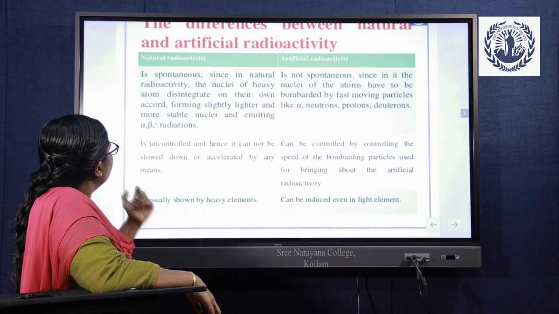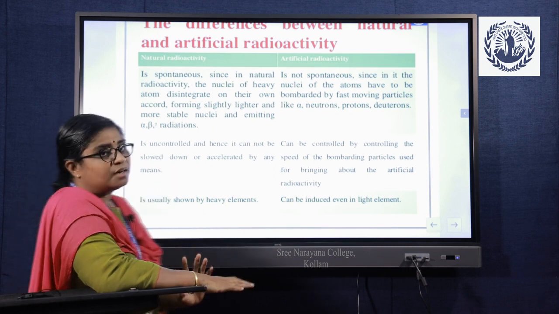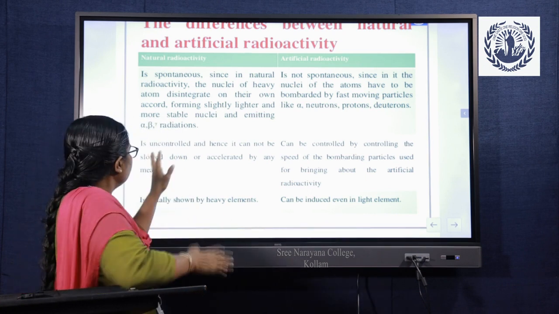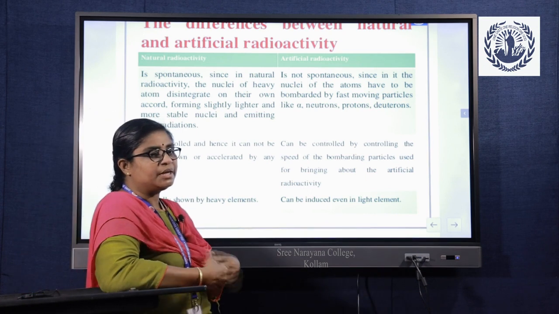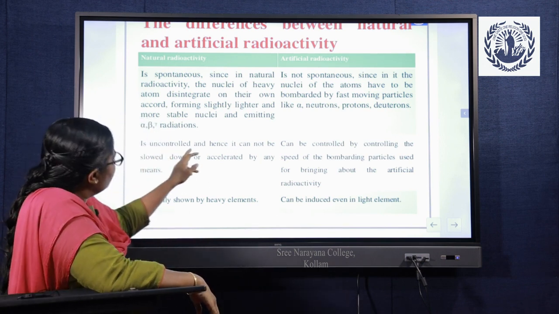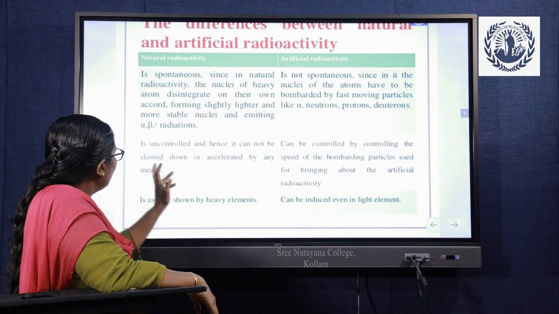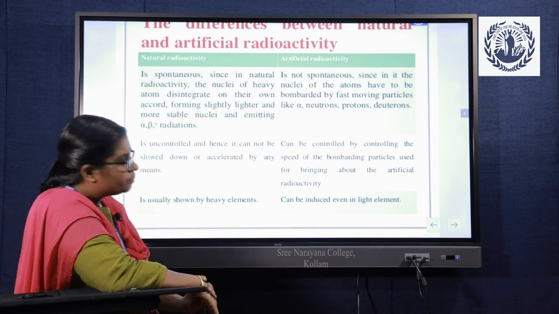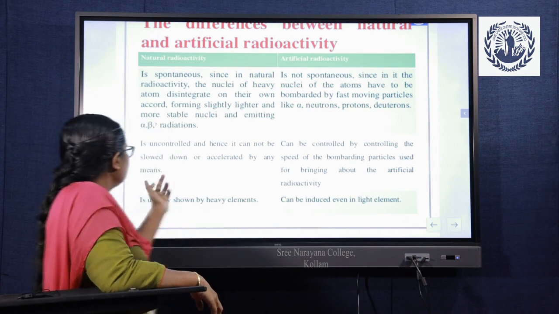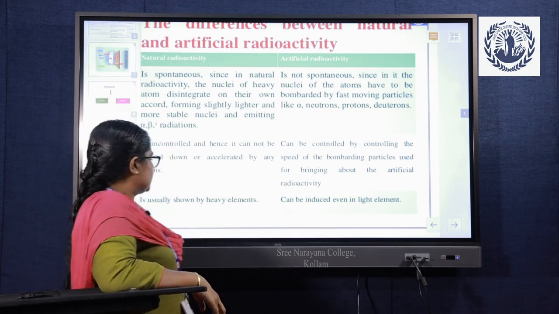This natural radioactivity is uncontrolled. We cannot control it, because we are doing nothing to produce radiations from these naturally occurring radioactive elements. So it cannot be slowed down or accelerated by any external means.